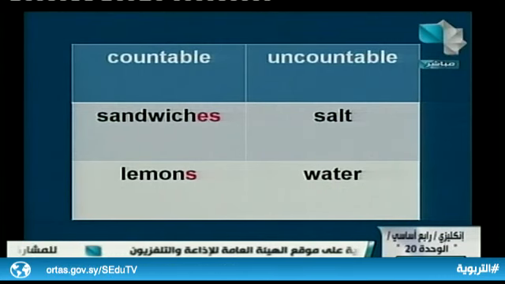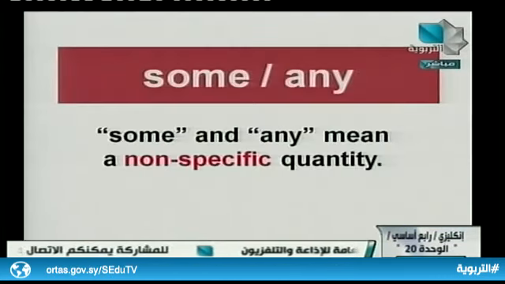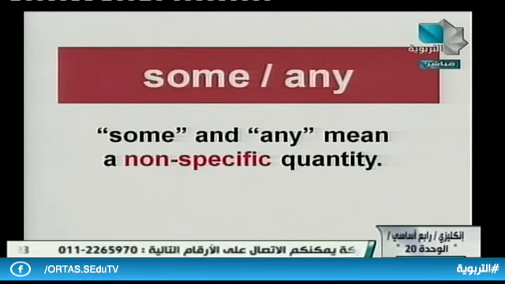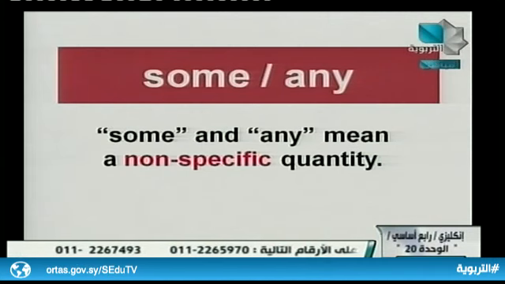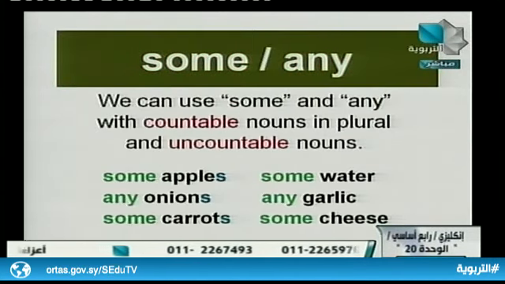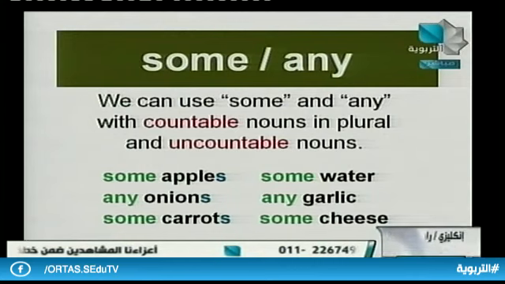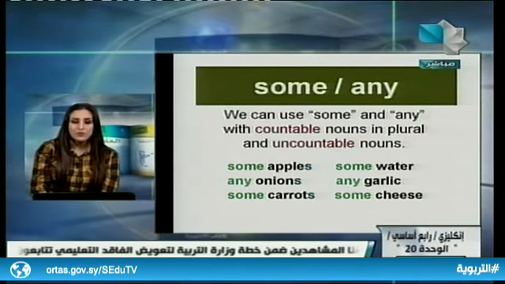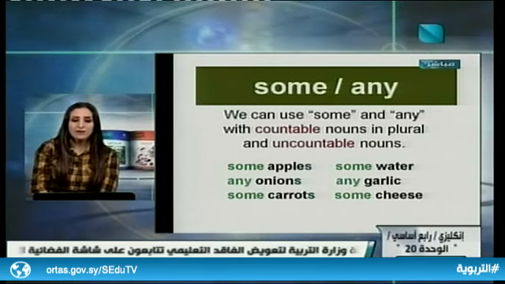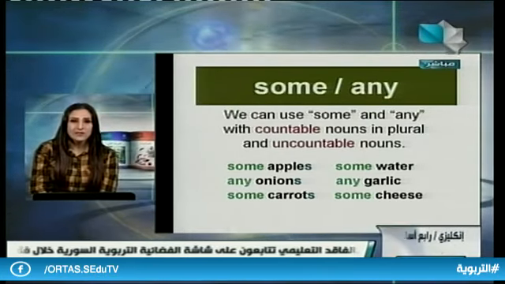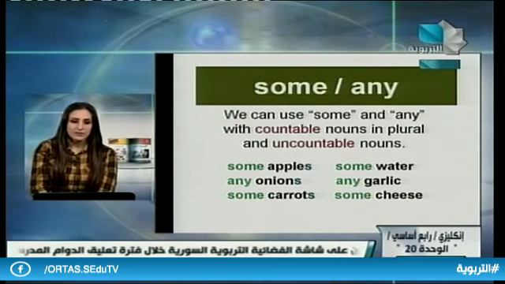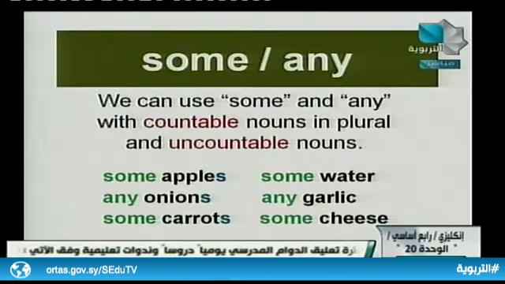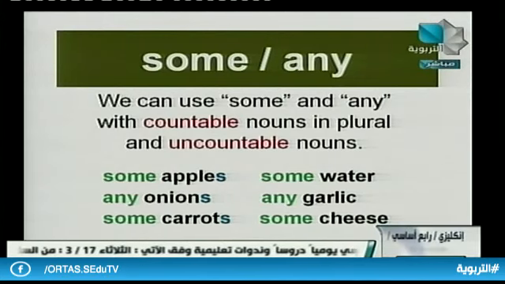Now we are going to move to talk about some and any. Some and any mean a non-specific quantity. When and how to use some and any? We can use some and any with countable nouns and uncountable nouns. For example, some apples, any onions, some carrots, some water, any garlic, and some cheese.